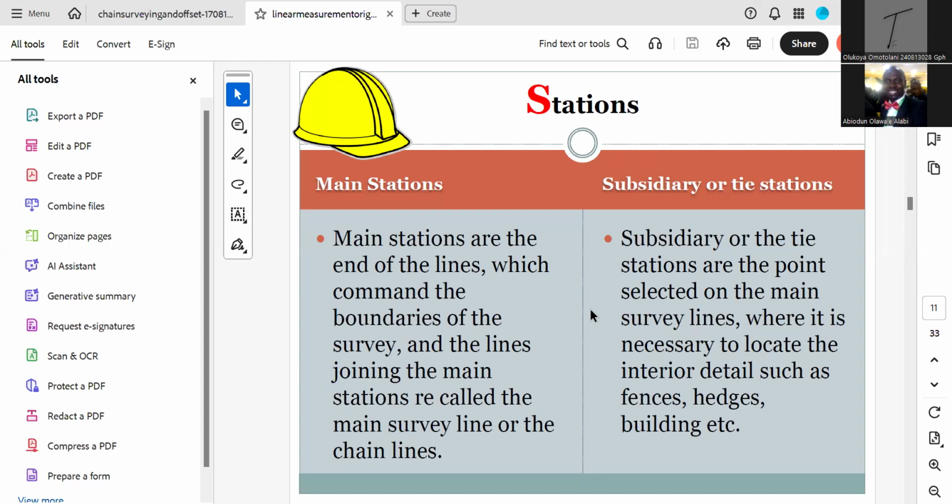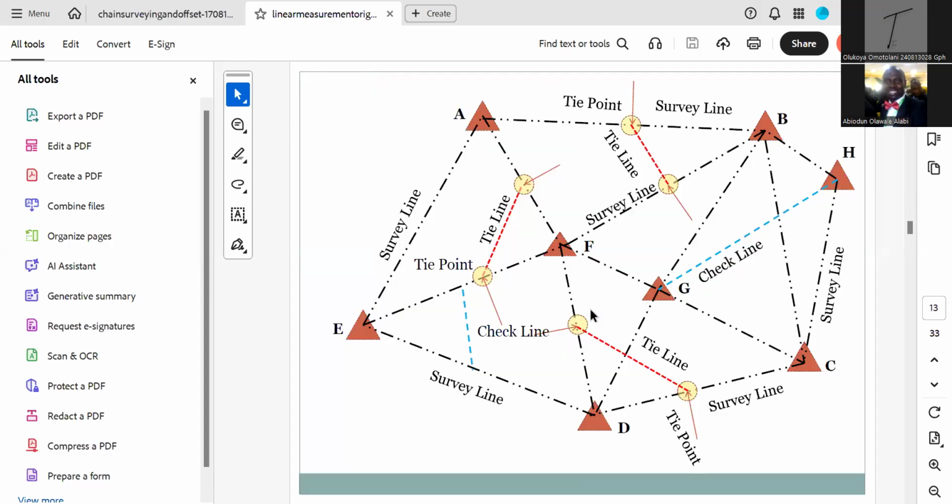From tie stations or tie points. Because joining two tie stations together, we will have what? A tie line. All right. So take notes of that. Now, look at that. This is a tie line. What makes this a tie line?